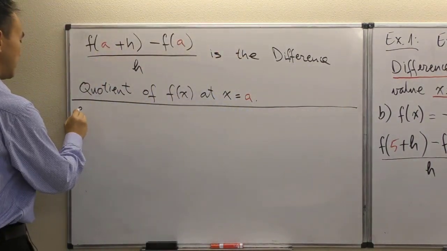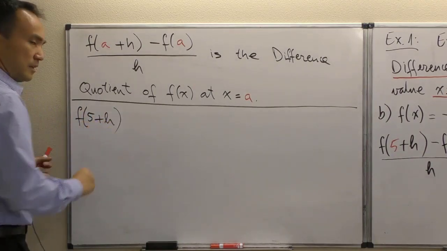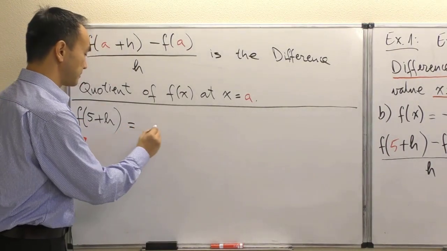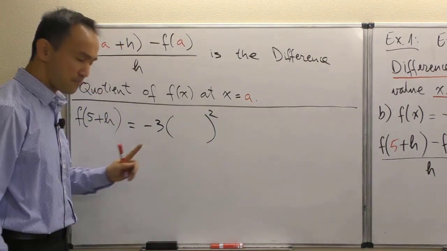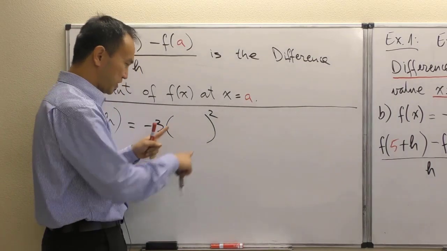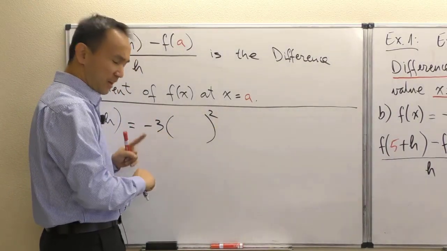All right, so f of 5 plus h. In this case, the rule of our function says it's minus 3 times the square of every input, right? I purposely leave that empty here just for you to understand whatever inputs, we're going to square the inputs and times minus 3.